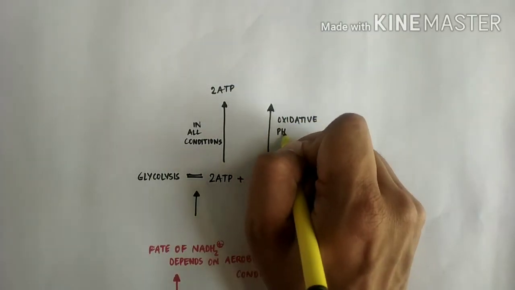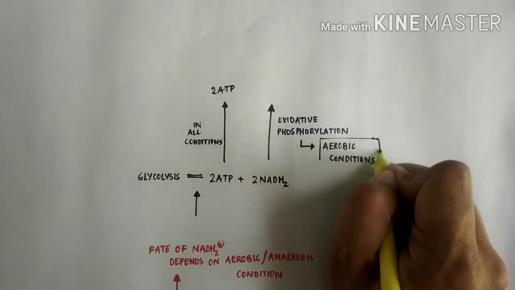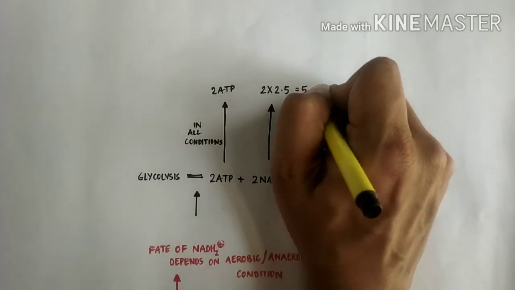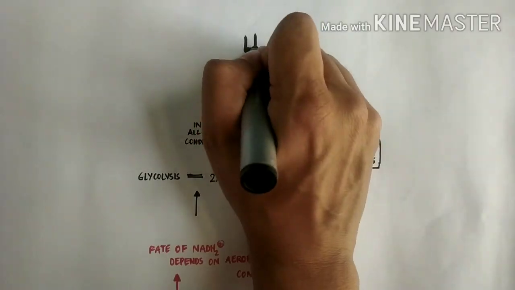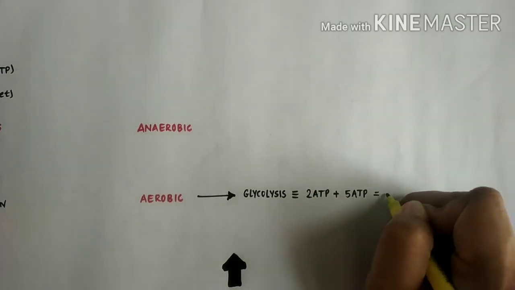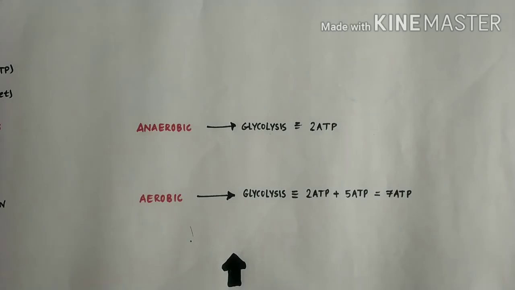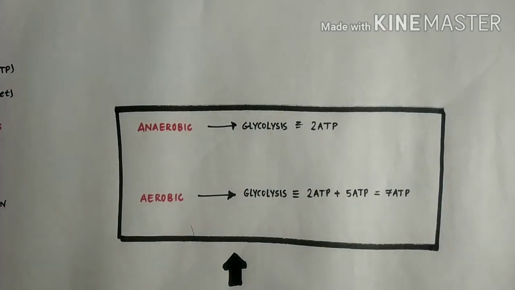So, in aerobic conditions, 2 NADH2+ yields 2.5 into 2, that is 5 moles of ATP. So to conclude, in aerobic conditions, glycolysis yields in all 7 moles of ATP, and in anaerobic conditions, only 2 moles of ATP. This briefly completes our topic glycolysis.